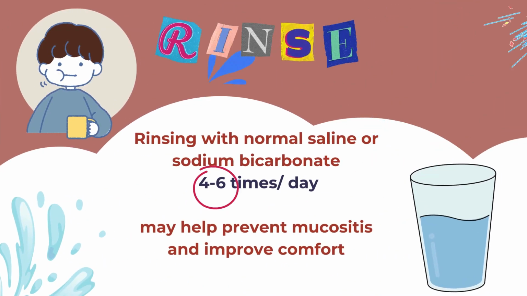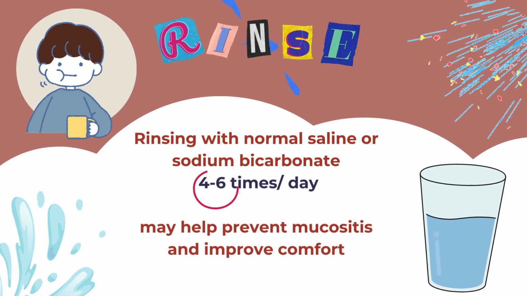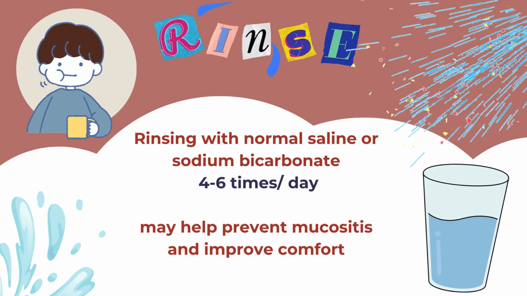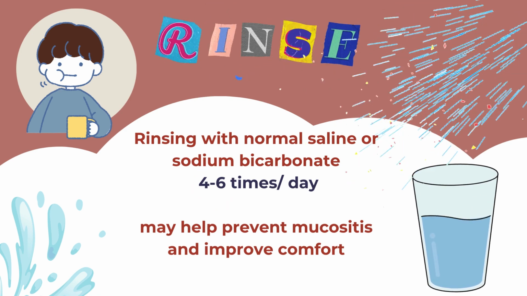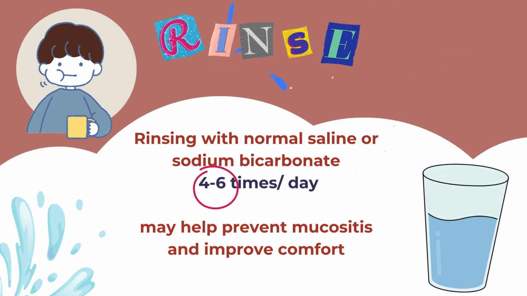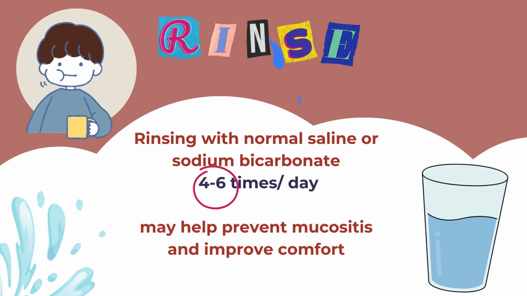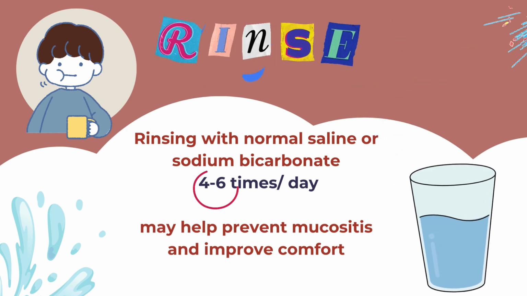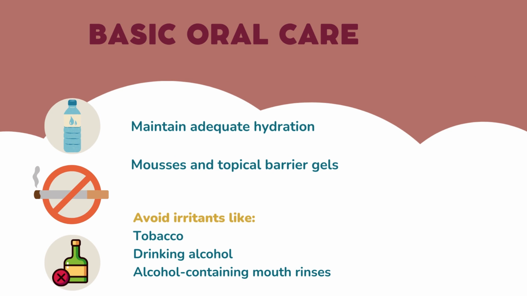Rinsing with normal saline and sodium bicarbonate mouthwash 4 to 6 times per day may help maintain oral hygiene and improve comfort. The frequency can be increased to hourly if necessary to treat mucositis if it occurs.